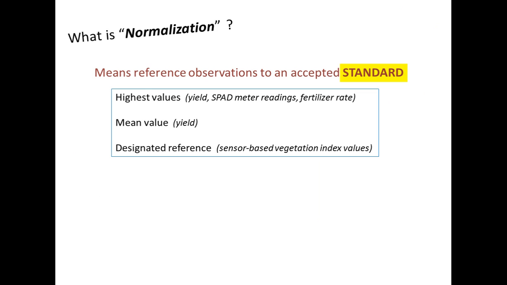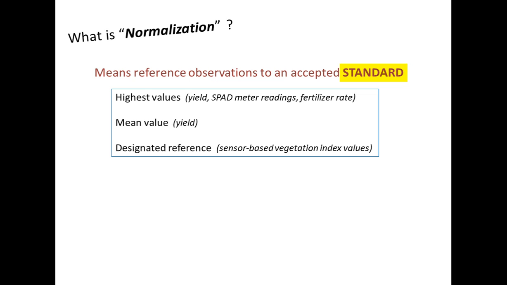Now, in some situations, if you have a research plot study, you might say, well, I'd like to reference everything to the highest yield in my plots or my study. In the case of SPAD meters, we would typically use the highest nitrogen rate as our reference.